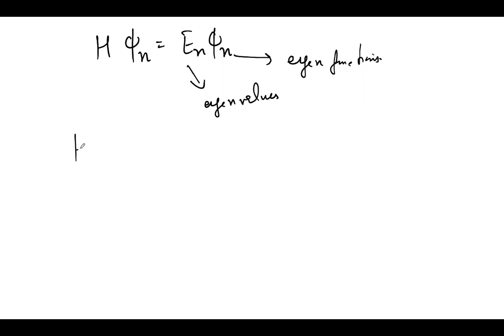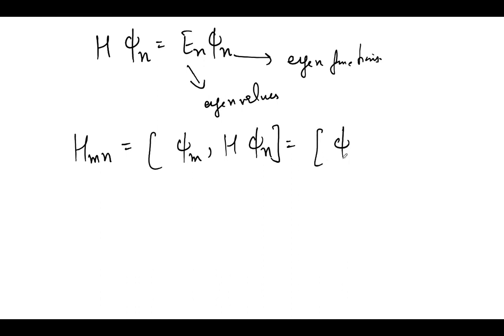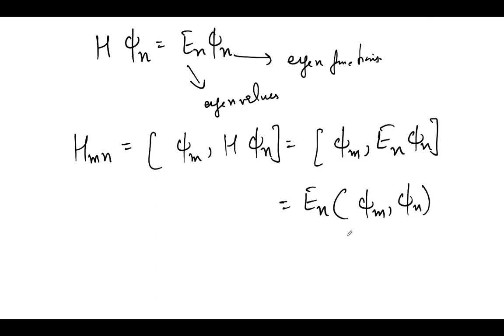So from this we can write this Hermitian operator H for these two functions, phi m, H of phi n. So this we can write as phi m into En into phi n.